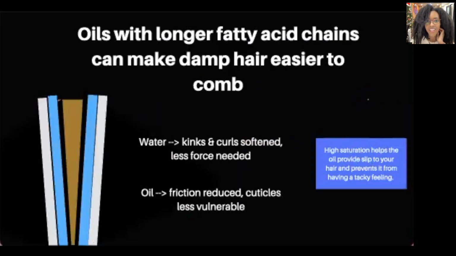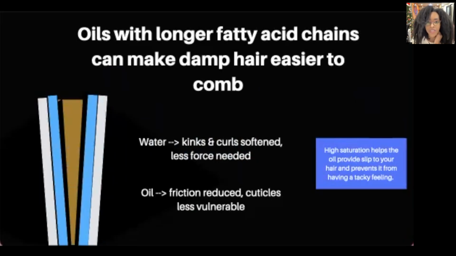Oils with these longer chain fatty acids can also make your damp hair easier to comb. So in this diagram, you can see hair represented in brown, then water represented in blue, and oil shown in gray. If you add water to your textured hair, that makes it more pliable.